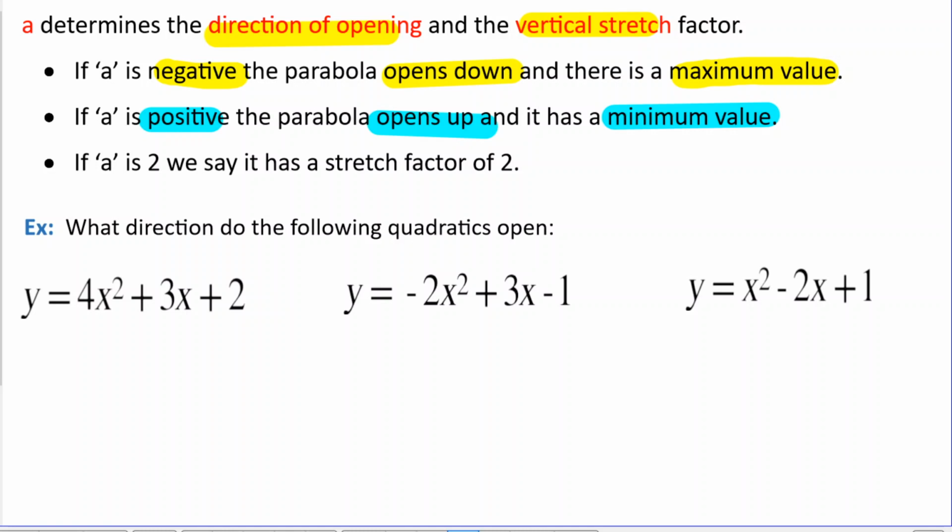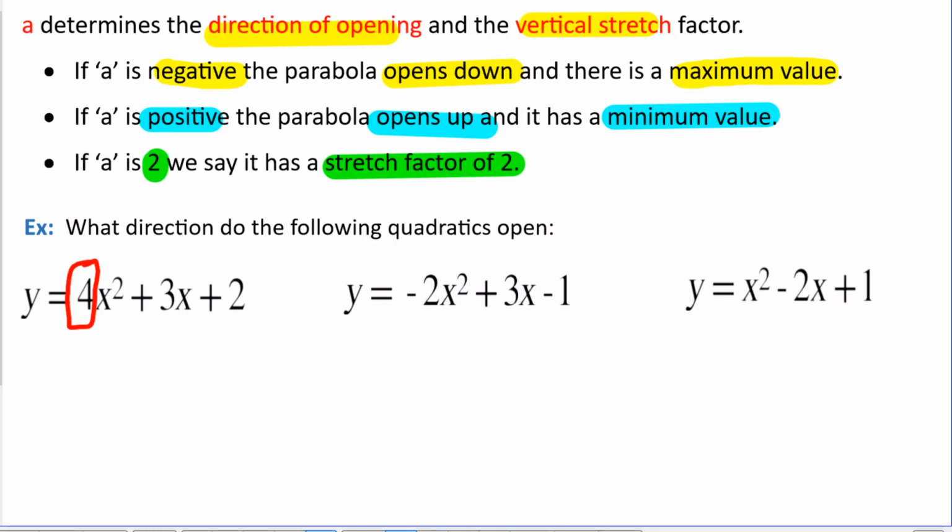And then the value of that A, we're just worried about sign right now, but in general, if A has a value of 2, we say it has a stretch factor of 2. And we're not going to be super concerned with that. We're more worried about the direction of opening. So 4x squared plus 3x plus 2, when it's asking us which direction the quadratic opens, we know we're only concerned about A. We haven't talked about B and C yet, and B and C don't change our direction of opening.